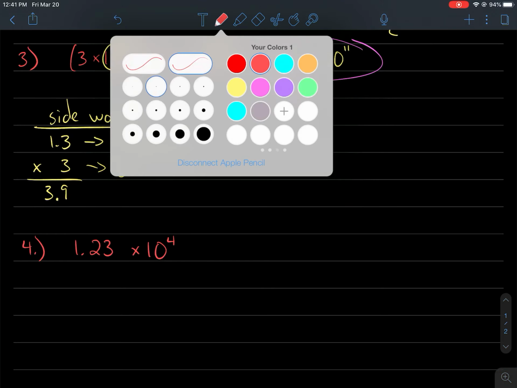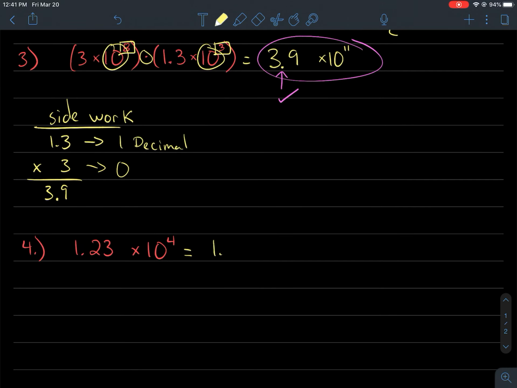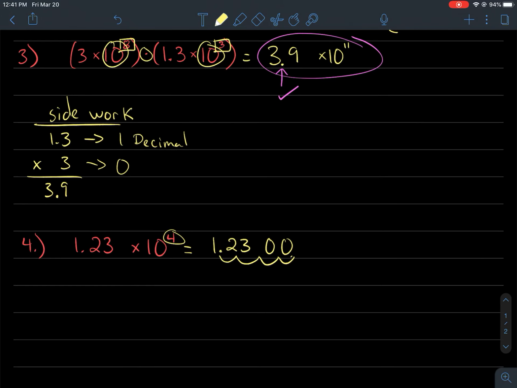If I have 1.23, how far do I need to move my decimal? I need to move it 4 spaces to the right. So 1, 2, 3, 4. And remember, every empty place is supposed to have a 0 in it. Now my decimal is all the way back here, so the decimal up here is now gone. My final answer is 12,300.